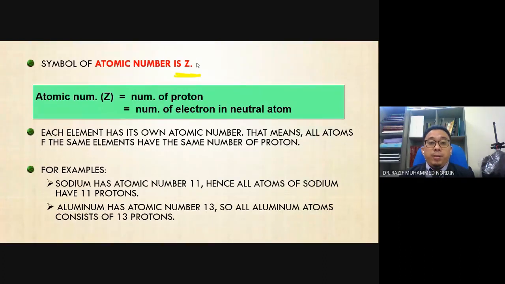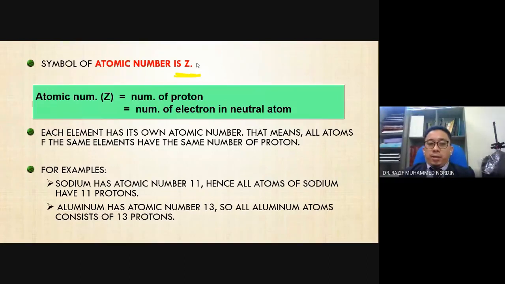Itu dipanggil copyright infringement. And then the atomic number Z equal to the number of proton and number of electron in a neutral atom. So atom in a neutral, Z equal to the number of proton equal to the number of electron.